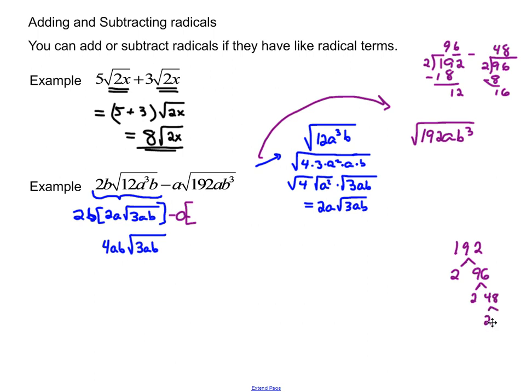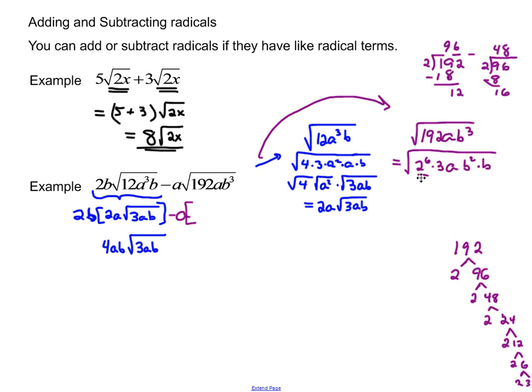This is 2 times 24, which is 2 times 12, which is 2 times 6, which is 2 times 3. Wait a minute. So we've got 2 multiplied by itself 1, 2, 3, 4, 5, 6 times. This is the same thing as 2 to the 6th times 3 times a times b squared times b.